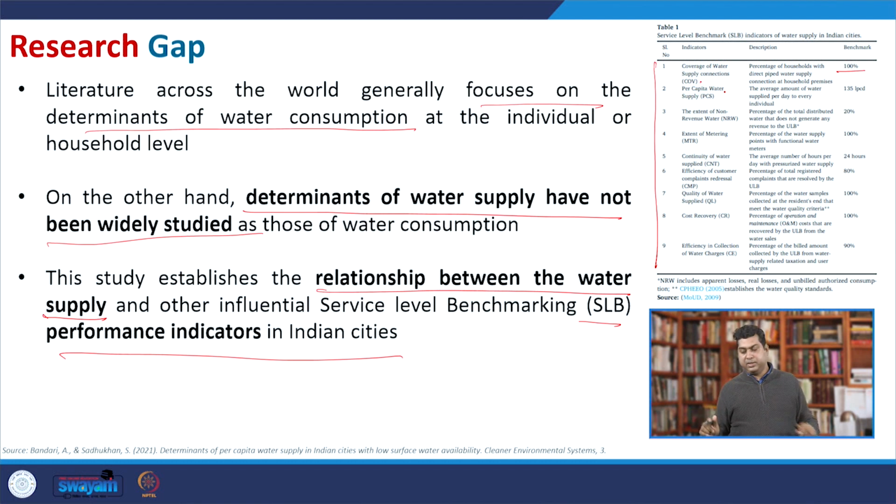This is the benchmark. Next one is the extent of NRW, the extent of non-revenue water, where it is assumed that up to 20% is okay, but if it is 40% it is a question, right? In some cities it is even higher.